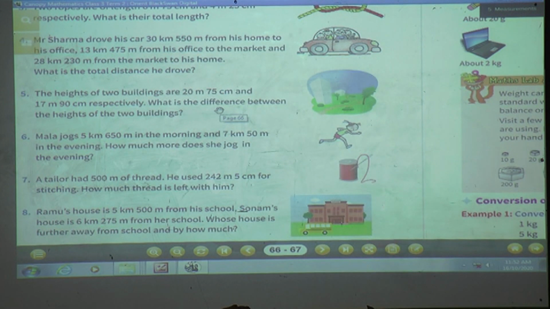If we do the subtraction, then we will get the difference between the heights of the two buildings. So what was the height of the first building? 20 meter 75 centimeter. Okay, and the height of the other building is 17 meter 90 centimeter.